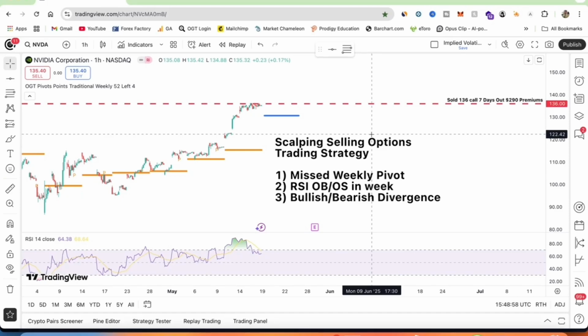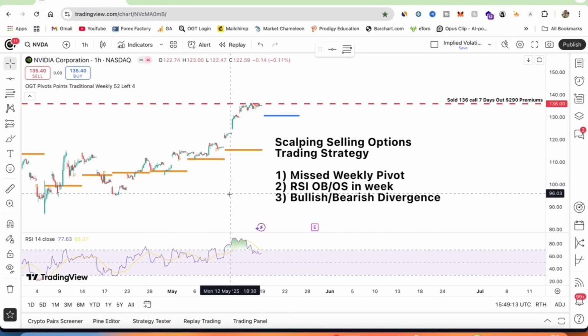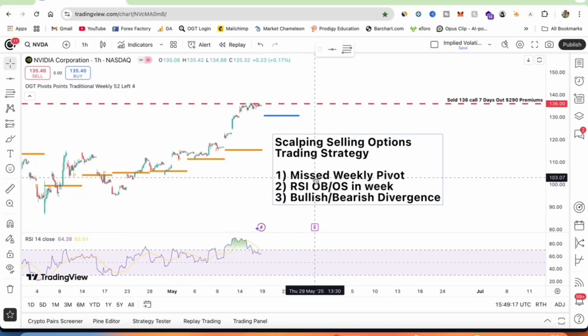Now, what that has done is hit the first point of this strategy, which if I just walk through all 3 points, we'll go through why this example works for Nvidia, and it will also walk you through the indicators. The first one is we need an extreme move to the upside or the downside, which results in a missed weekly pivot. Now, you guys who are followers of my channel know I talk a lot about pivots in various trading strategy videos.